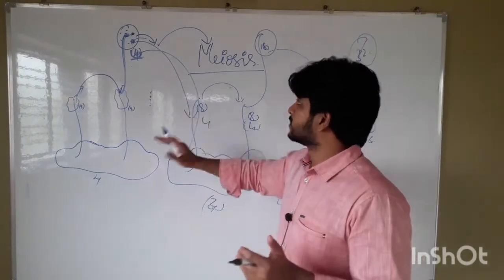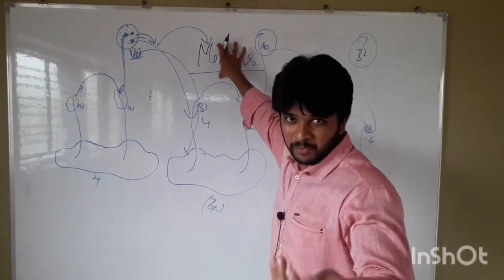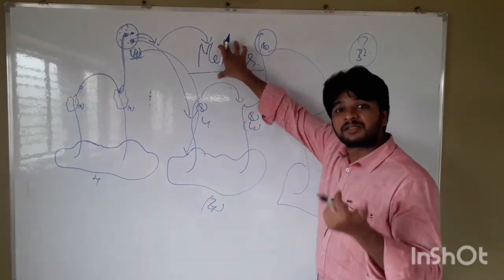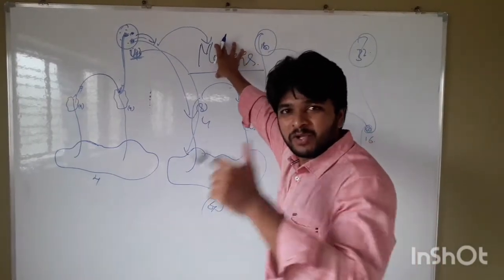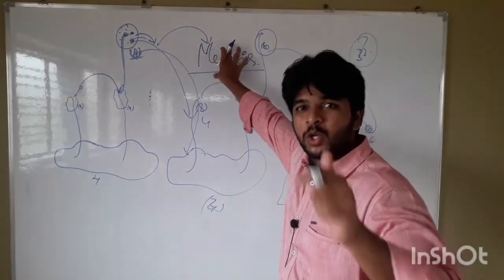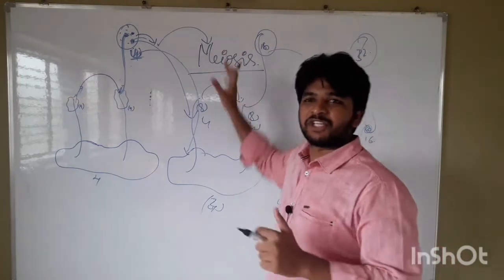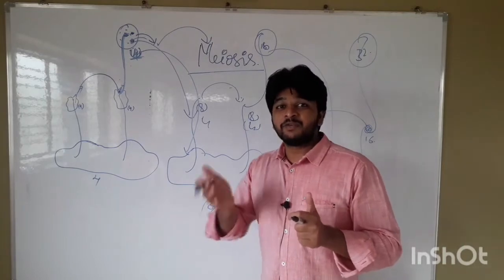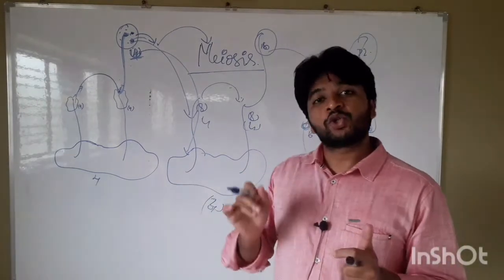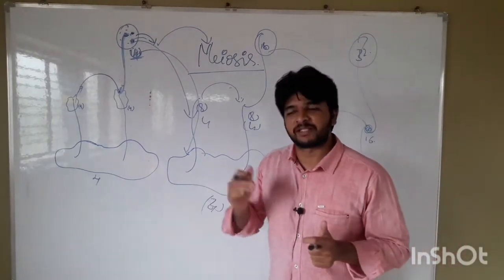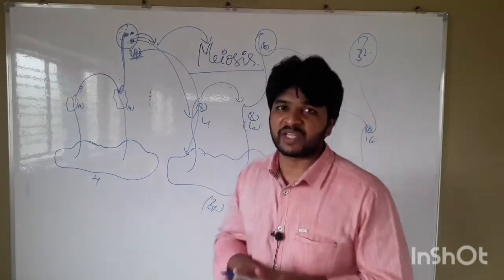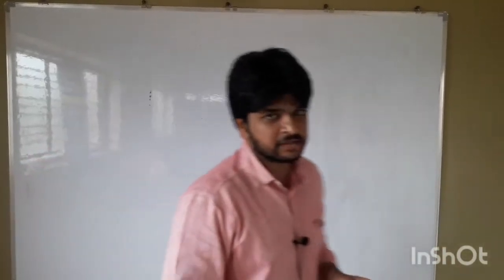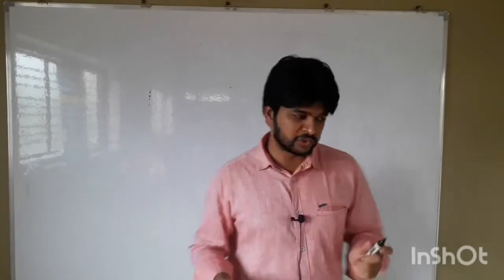So to cut this, organisms have developed the special cell division process called meiosis, which takes place only in gametic cells. The cells in which meiosis takes place are called meiocytes.